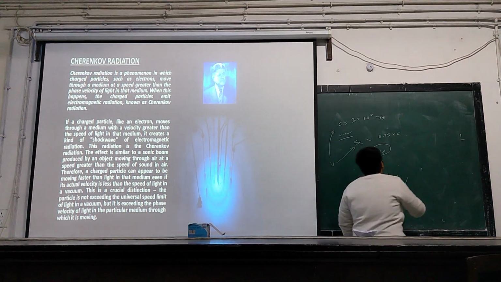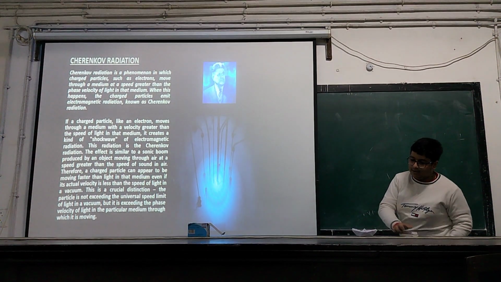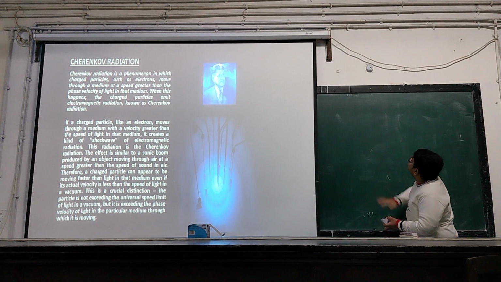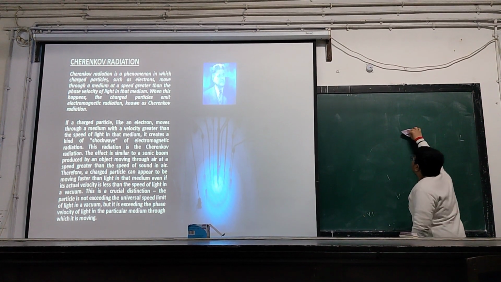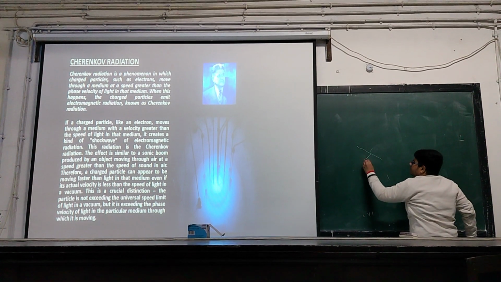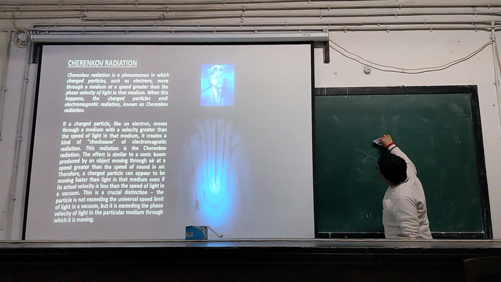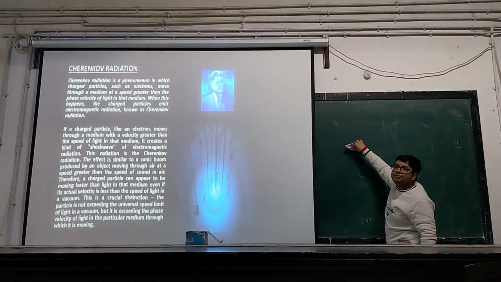Now, to give a very crude example of how the radiation works, let's say this is a boat and this is an ocean, and in the ocean the speed of a wave is c. Let's say the boat is traveling at a speed greater than the speed of the wave.